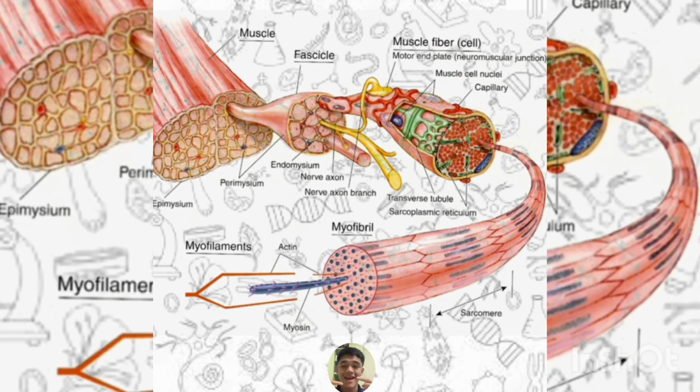These actin and myosin filaments slide in and out together with each other to do a muscle contraction, and that's why this process is called sliding filament theory.